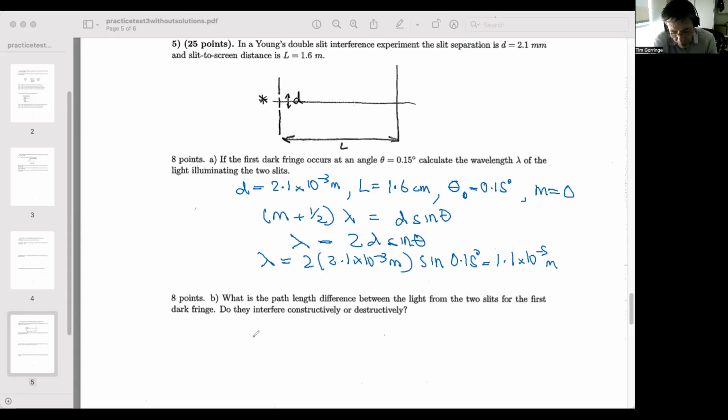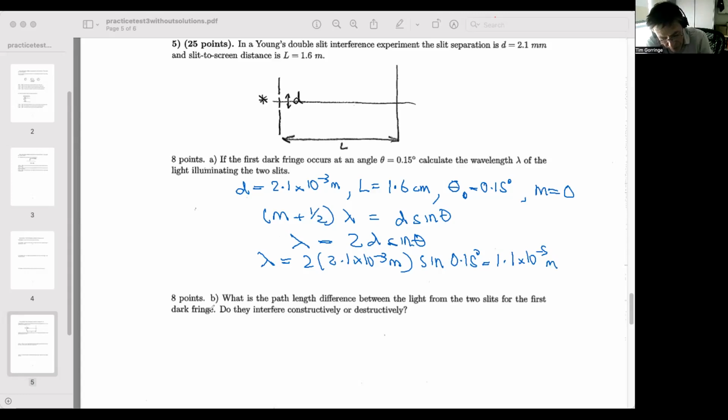The next part of the problem asks us to calculate the path length difference between the light from the two slits for this first dark fringe. And it asks us whether those two rays from the two slits are interfering constructively or destructively.